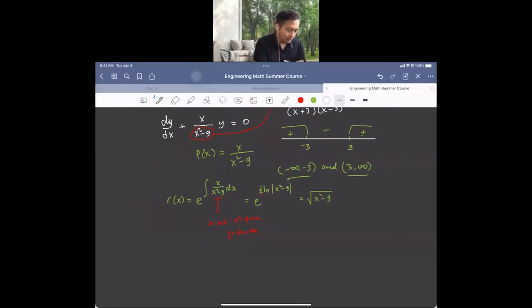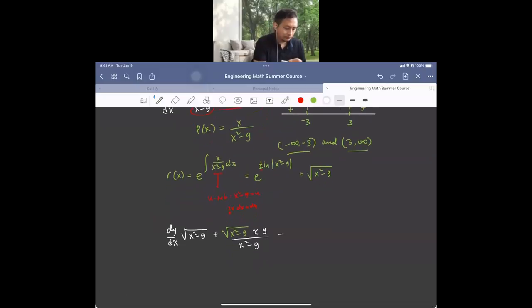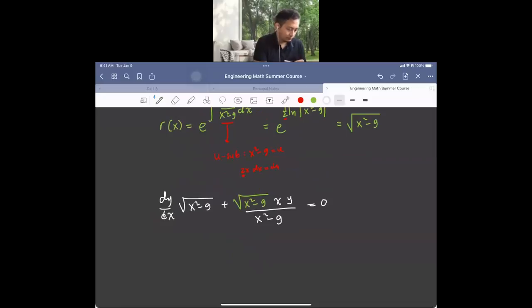Now, after multiplying with the integrating factor, we know that this becomes the product form, right? And it seems that this is the product form.